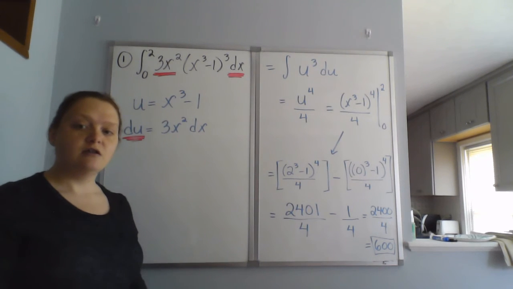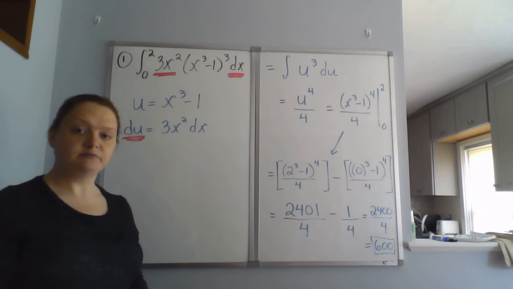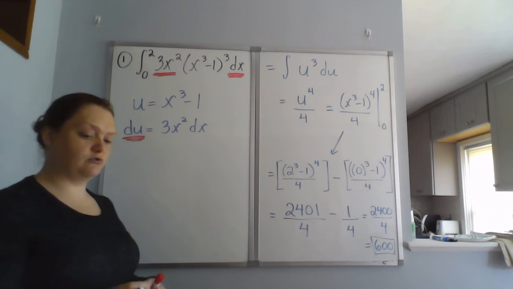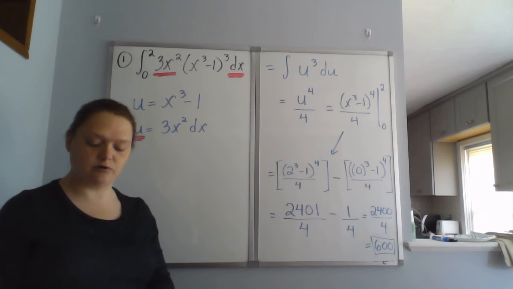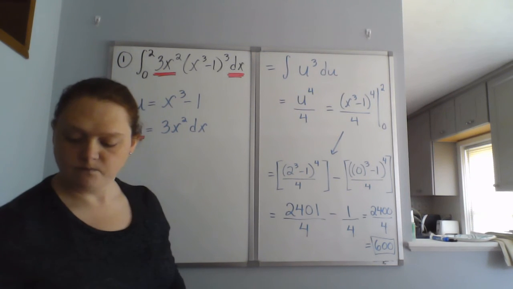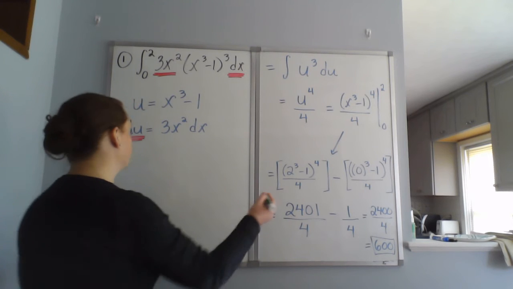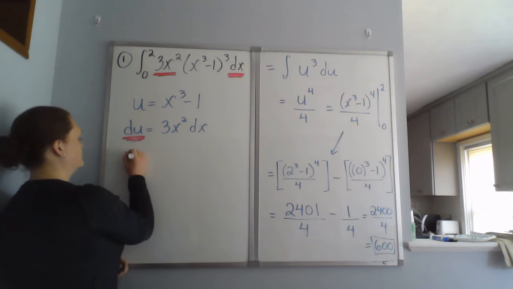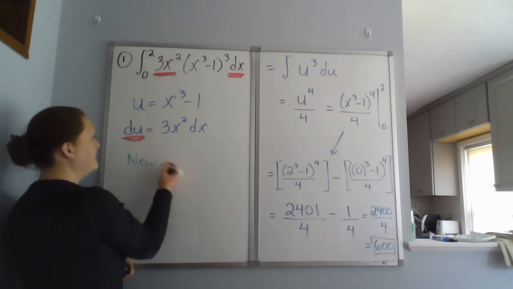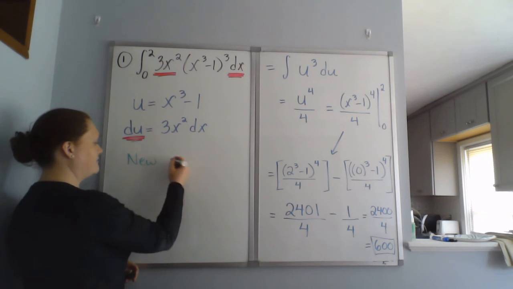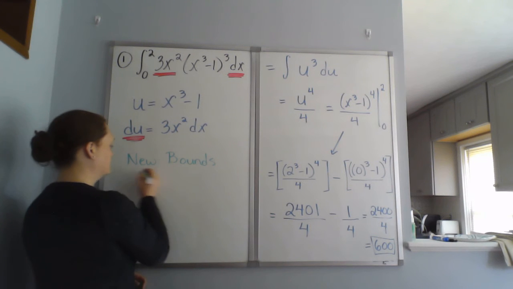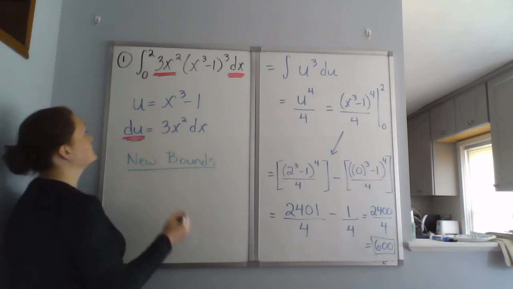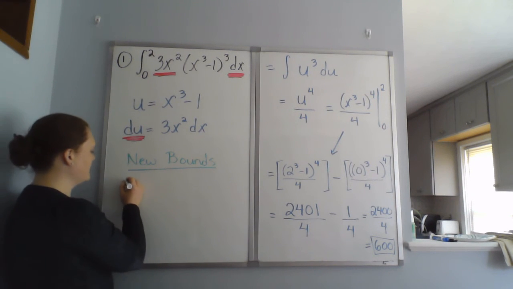Now there is another way that you could approach this problem, and that is if you wanted to go through a process to find new bounds instead of going back and using the 0 and 2. Here's how I would do that. Back here, I could have said, I'm switching everything over to u's, so why not find new bounds that match the u values? The top bound was a 2, so think of it like function notation.